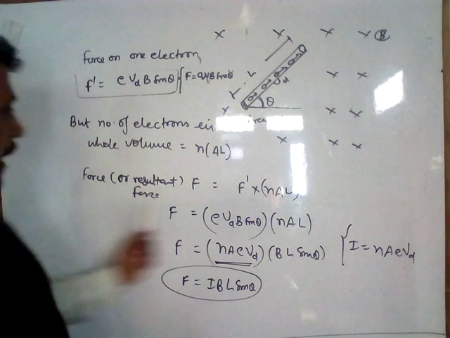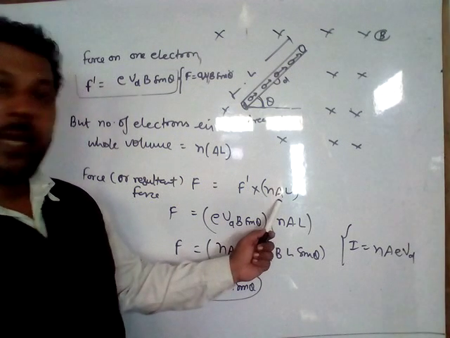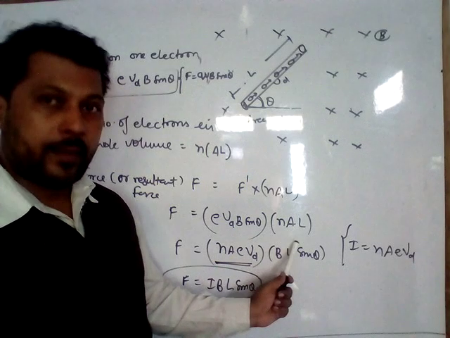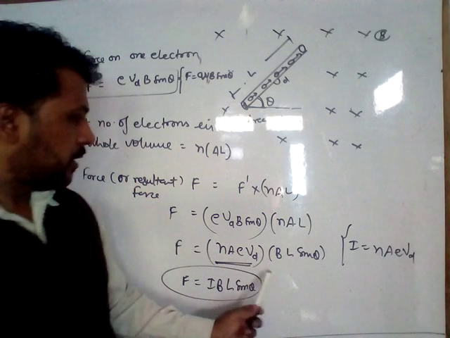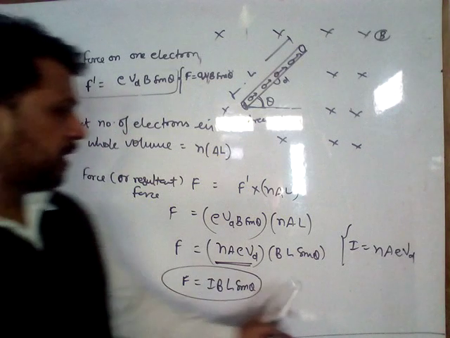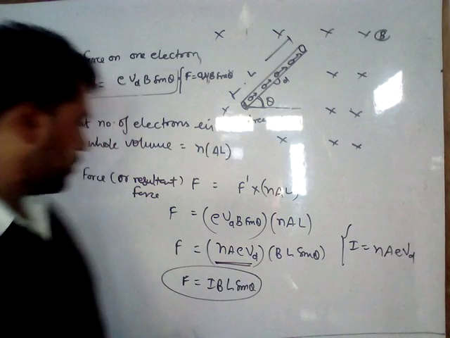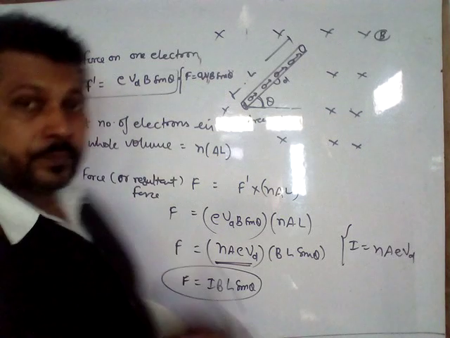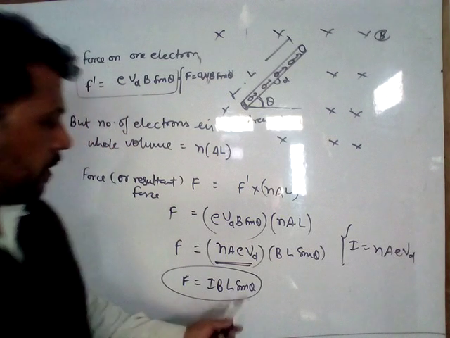So the net force is multiplied by the total number of electrons. So F is equal to eVdB sin theta nAL, that is nAeVd into BL sin theta, and nAeVd represents the value of current. So F is equal to IBL sin theta.